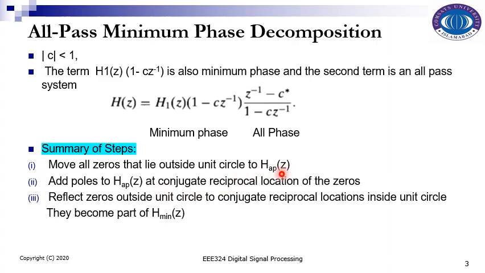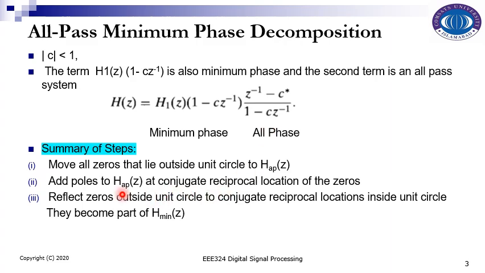Then we add poles, because the all pass system has to have poles also at conjugate reciprocal locations of the zeros. So we move the zeros outside to the all pass system, and we also have to pair them with conjugate reciprocal poles at C.